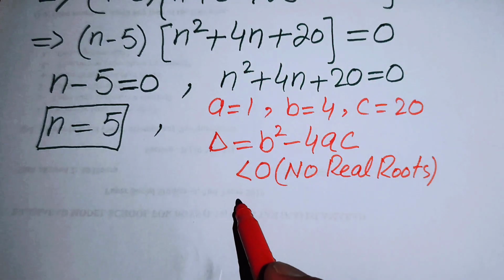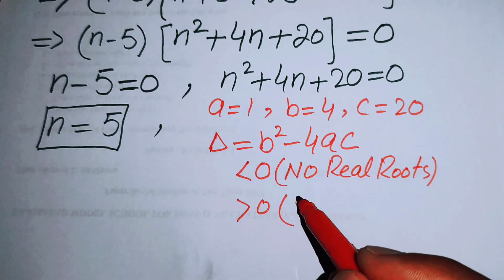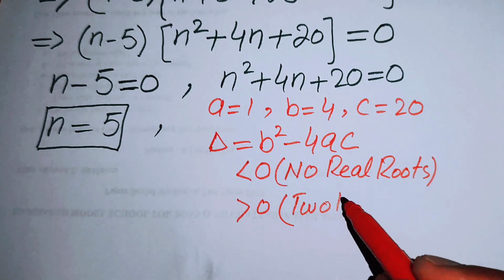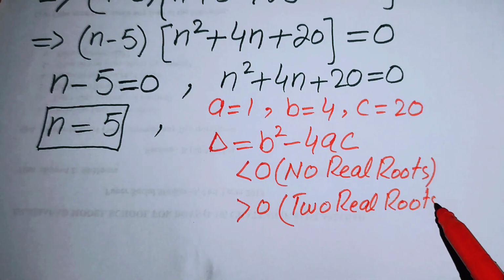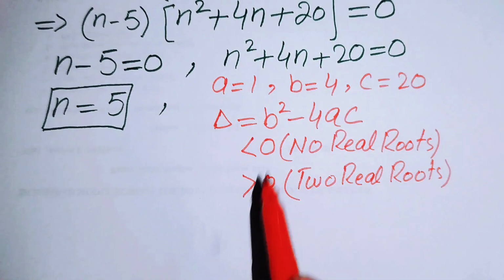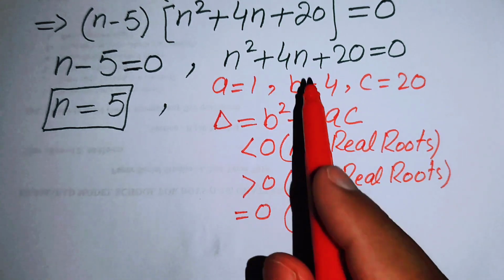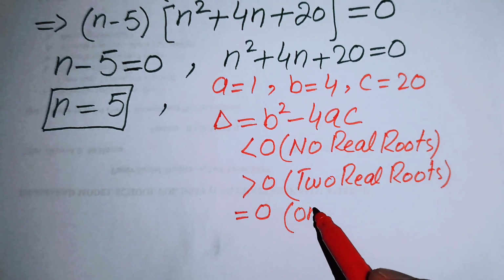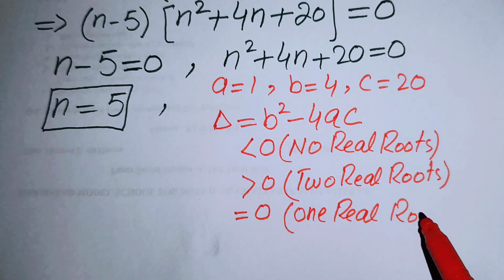If delta is greater than 0, then this quadratic equation has two real roots. And if delta equals 0, then this quadratic equation has one real root.